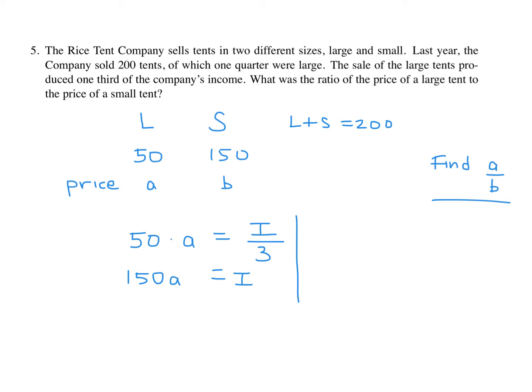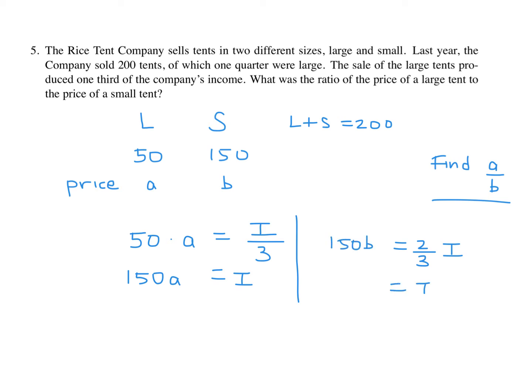Now, if the sale of the large tents produced 1/3 of the company's income, the sale of the small tents would produce the other 2/3 of the company's income. So 2/3 of I is the company's sales for the small tents, which would be, according to this, 150B.